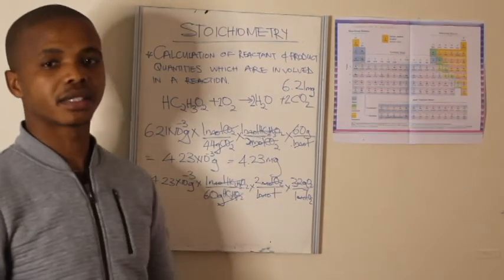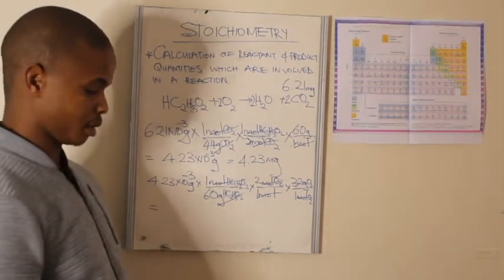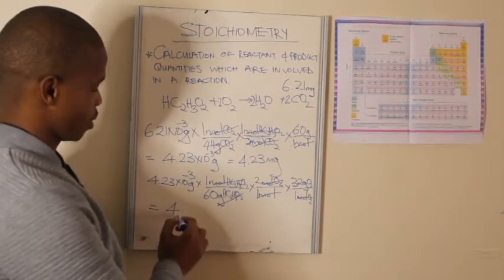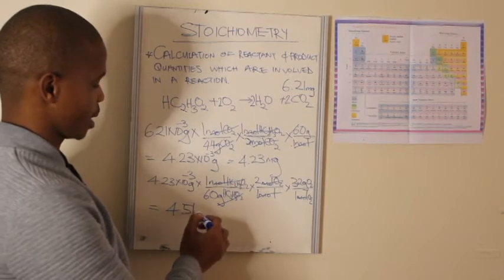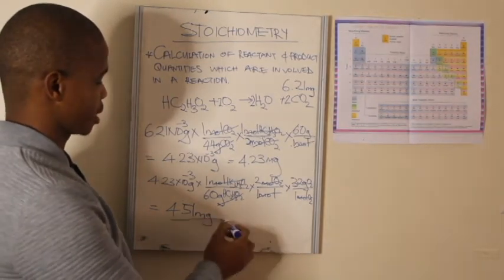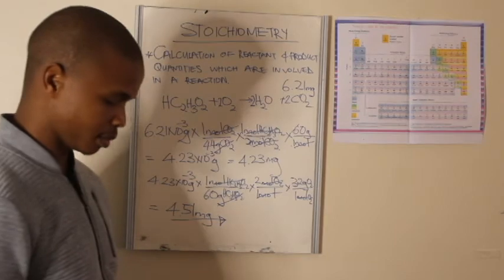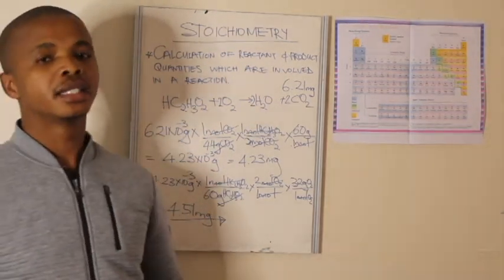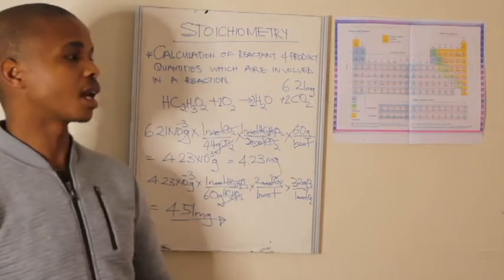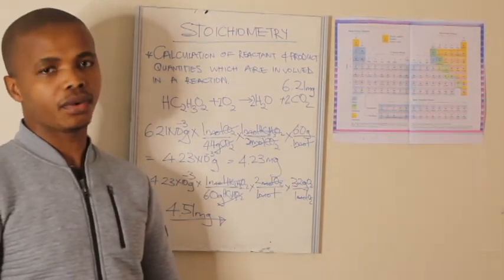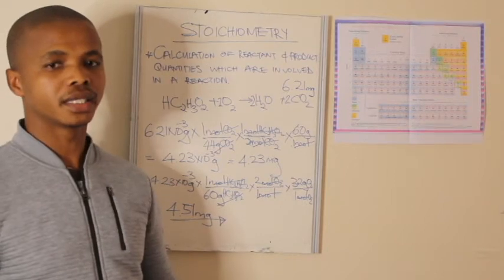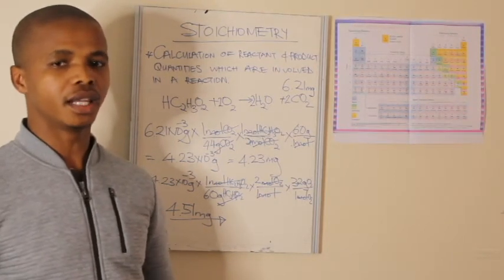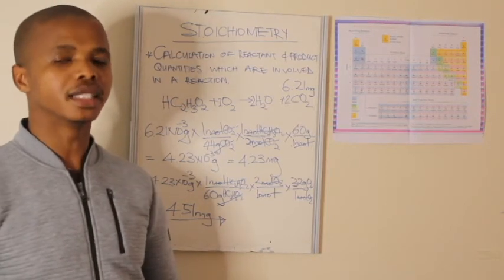Then you get your mass of oxygen, which is 4.51 milligrams. This is usually an ideal situation. This is how you can relate the quantities of the molecules involved in a reaction in an ideal situation.